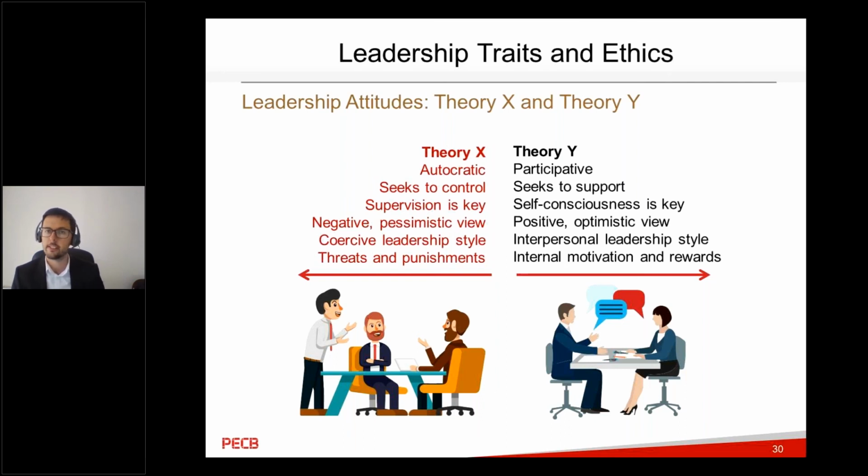Whereas Theory Y is the direct opposite of what we said here. These people tend to have a positive and optimistic view of employees and job processes. They tend to have participative decision making and seek the support of others, and they are usually more inclined to an interpersonal leadership style and will seek motivation and rewards as a basis for increasing performance.